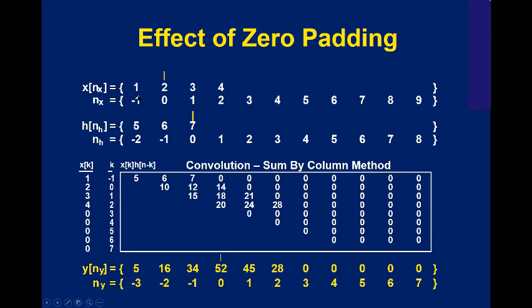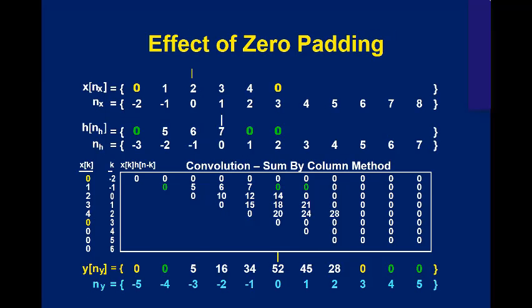And if we put our x of n down the side here, our h of n across the top, we have 5, 6, 7, then 2 times 5, 6, 7, then 3 times 5, 6, 7, then 4 times 5, 6, 7. Add them all up, and we get this for our convolution result. The values 5, 16, 34, 52, 45, and 28.